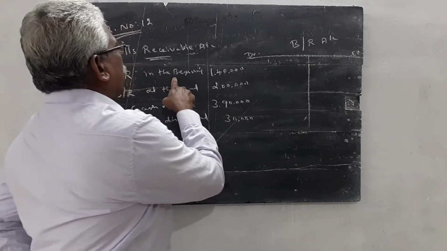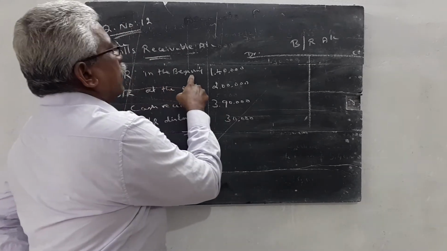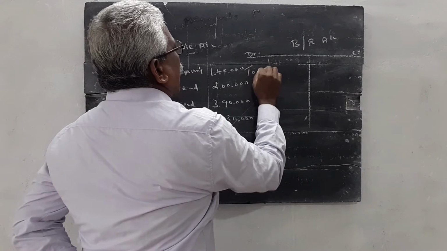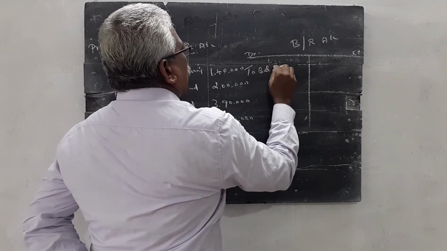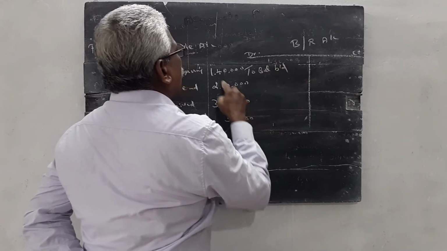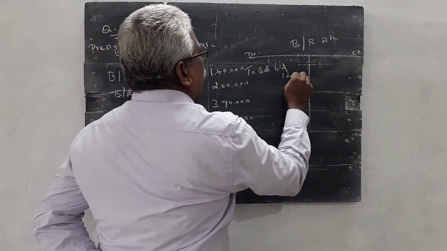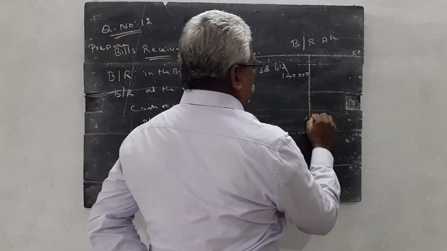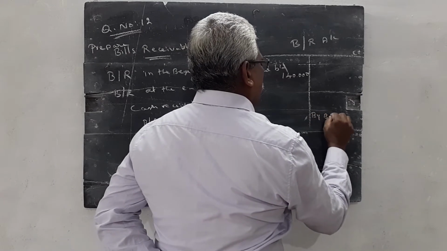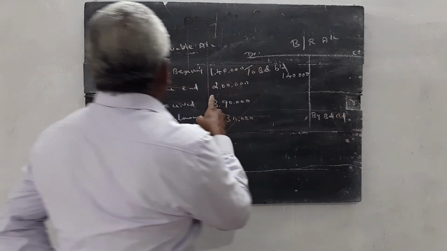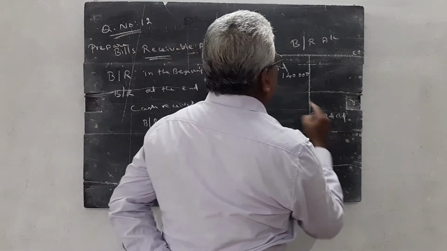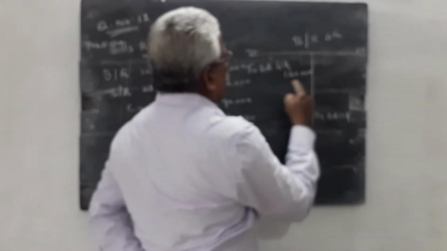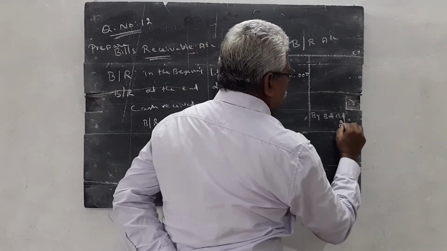So first we start with bills receivable in the beginning. Here you write to balance brought down, 1,40,000. By balance carried down, 2 lakhs. Opening balance 1,40,000, closing balance 2 lakhs.